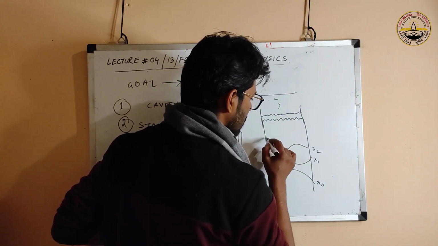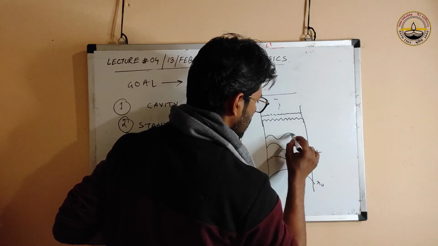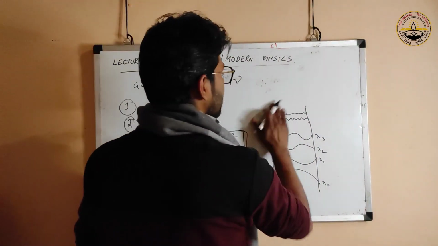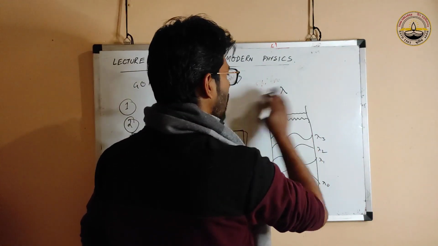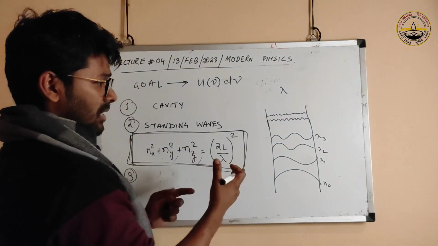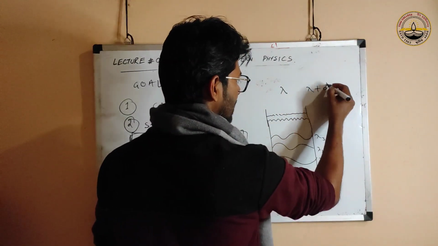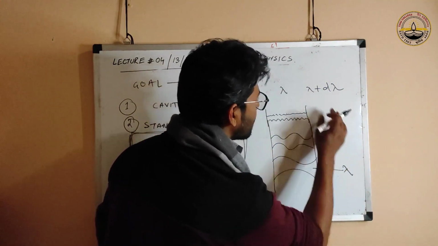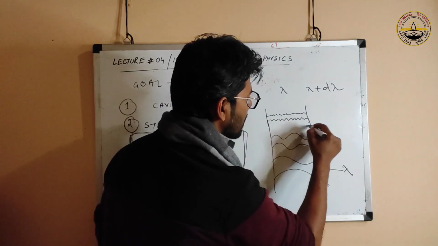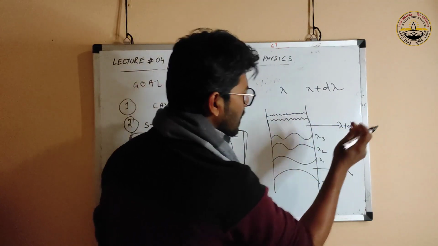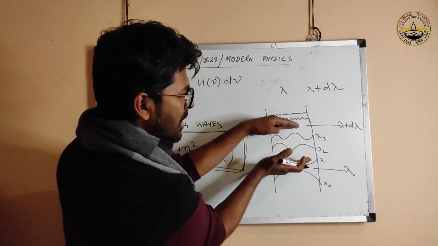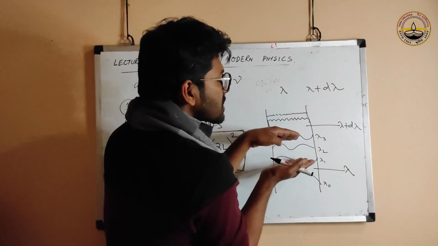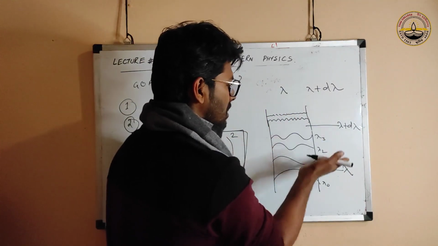The next one, lambda 3, let's say, and so on. So asking what is the energy radiated in the range lambda to lambda plus d lambda, I have to know how many standing waves are possible. Let's say this is our particular lambda, and here we have lambda plus d lambda. Then how much energy is radiated in this range? We need to know how many standing waves are possible between these two bars.